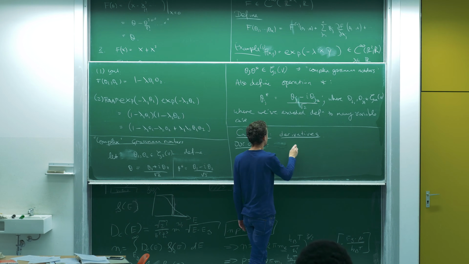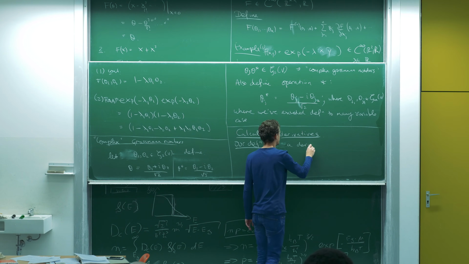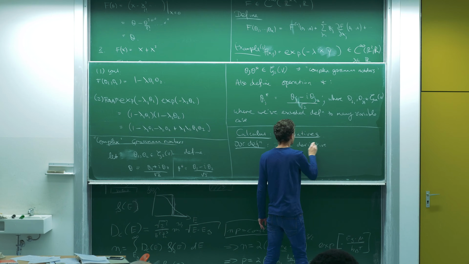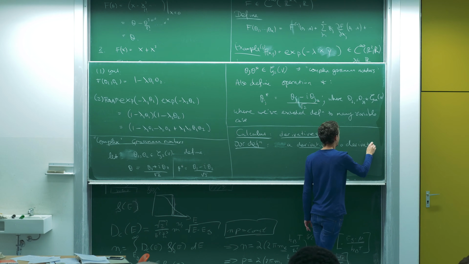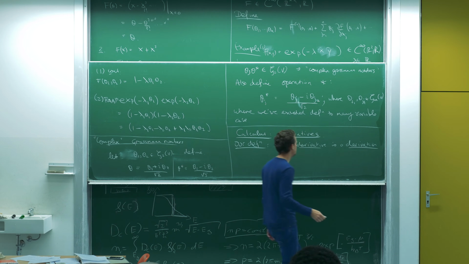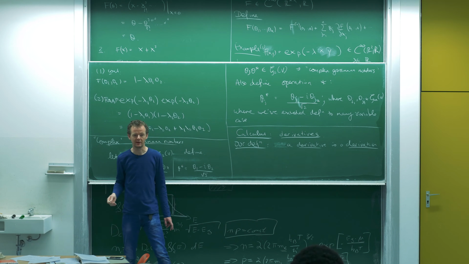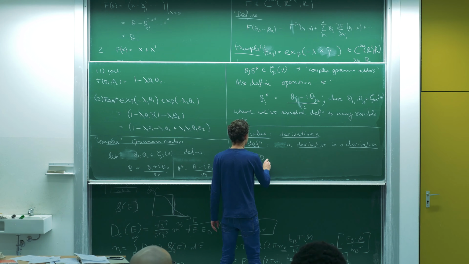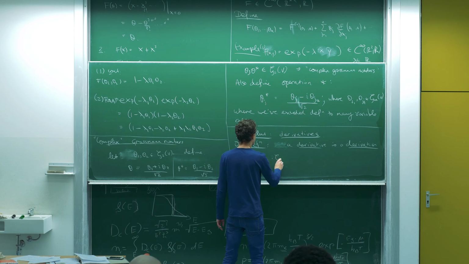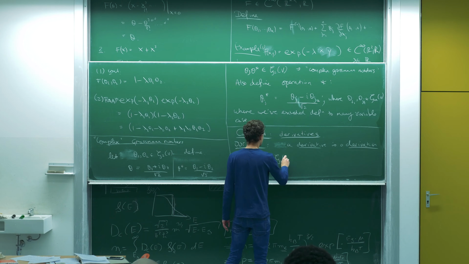is that the derivative is a derivation, which is a kind of linear map from the Grassman numbers to itself.